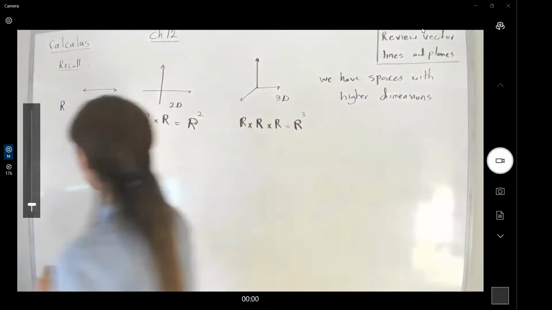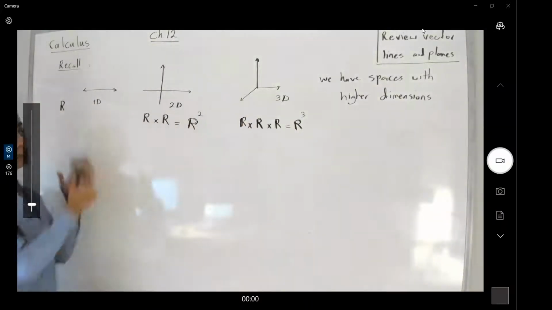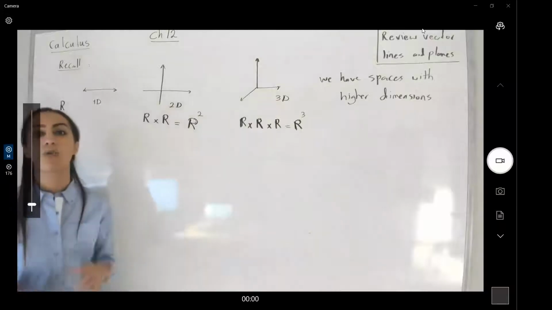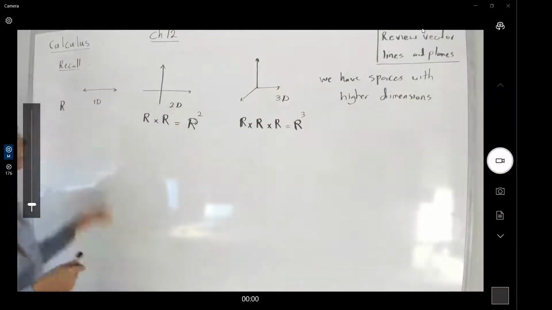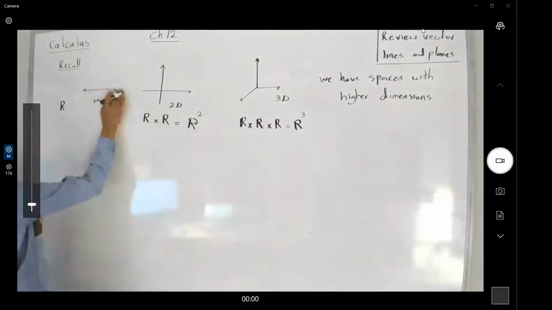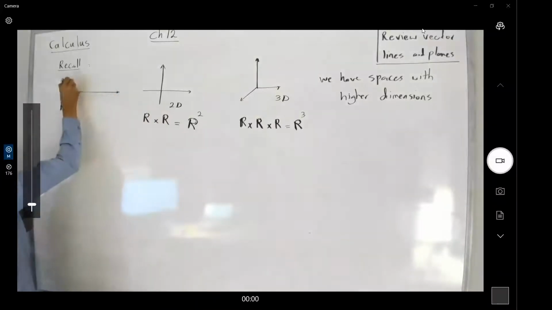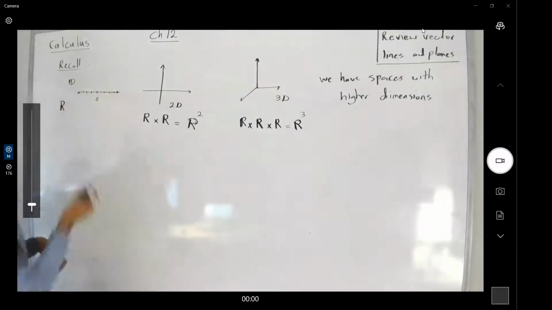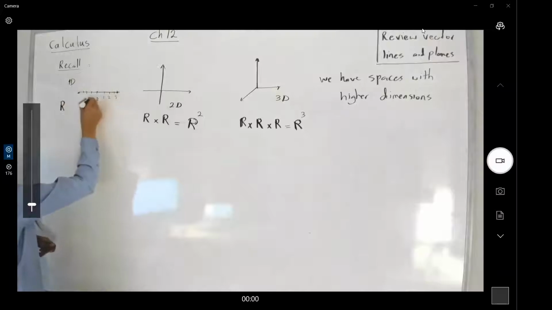Very well. In each of these worlds, we can define some new objects. For example, in one dimension, they have the origin, and then they have some numbers: on the right-hand side, positive numbers, on the left-hand side, negative numbers.